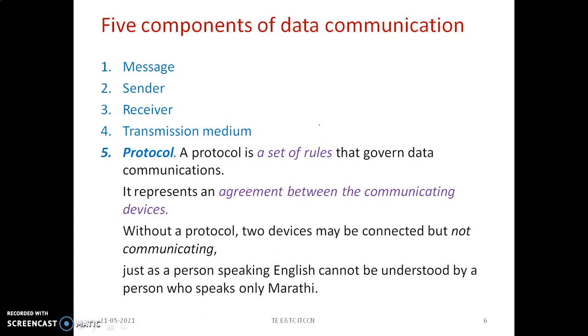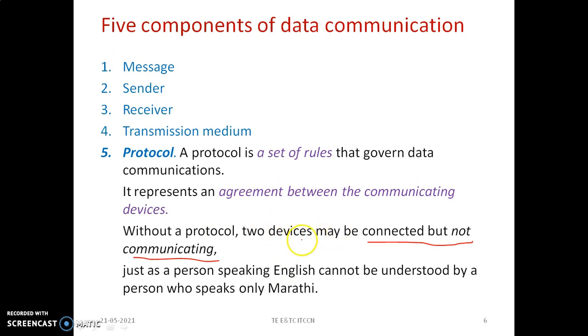So what will happen if there is no protocol? Through a simple example, it's trying to explain. Without a protocol, 2 devices may be connected but not communicating. It is as simple as a person speaking English cannot be understood by a person who speaks only Marathi. So either English has to be converted into Marathi or Marathi into English, because both the persons know only one of them. The message is there, sender, receiver is there, media is also there, but there is no such understanding between both the ends.